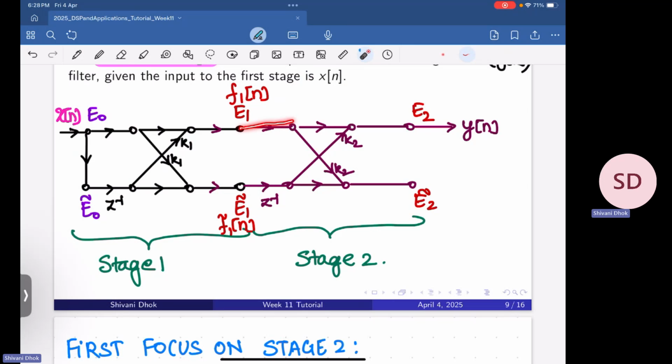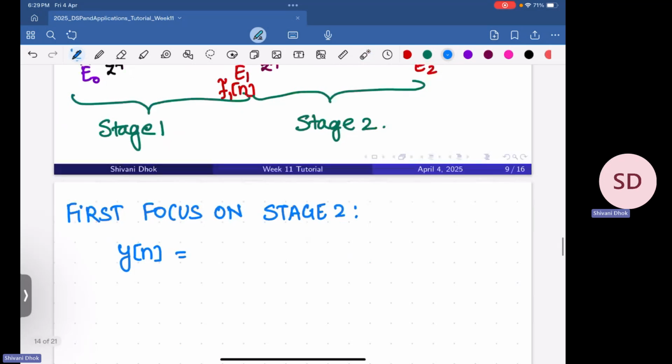It is f1 of n as it is, plus we have f1 tilde that gets multiplied by z inverse. So we have f1 tilde n minus 1 multiplied by k2. So what do we get? We get f1 of n plus f1 tilde n minus 1 into k2. Okay. So therefore, y of n comes out to be equal to f1 of n plus k2 times f1 tilde of n minus 1. So this is my first equation.